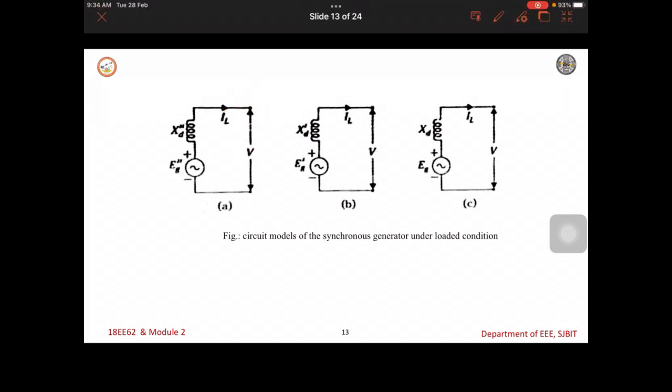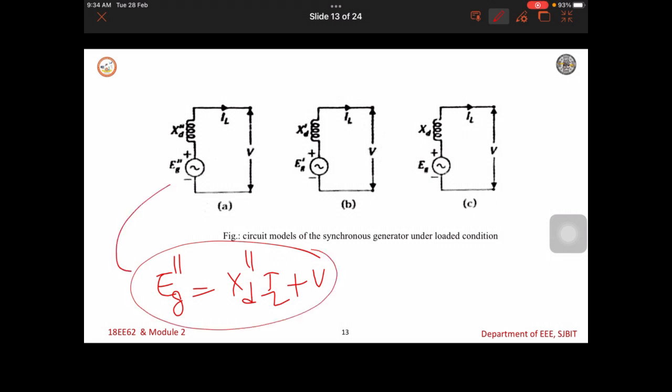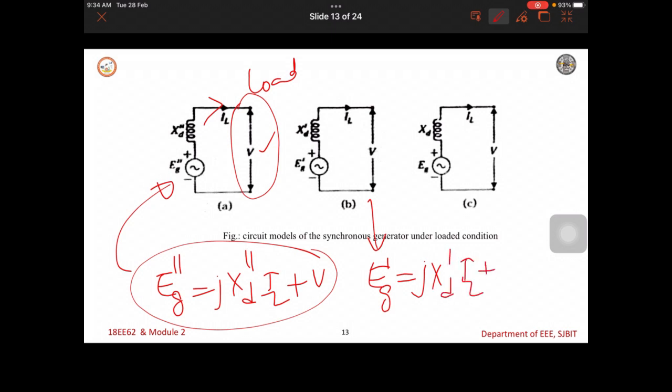Then the formula is Eg double dash equals the drop in the winding, that is XD double dash into IL, plus V, because the load is connected and the terminal voltage is V. Similarly, for the transient state, the voltage Eg dash is the drop j XD dash into IL plus V. And similarly, you can write Eg for the steady state as the drop XD into IL plus V.